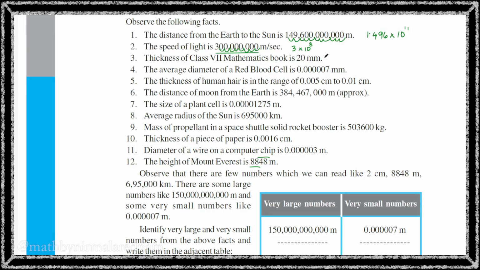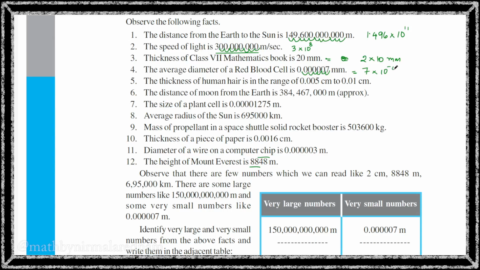And this one is going to be 20 millimeters. I think they want us to first convert it to meters. Or even if you're going to write it in millimeters, it's nothing but 2 into 10. Correct? So that is the standard form here. Next I have 7 into, now here the decimal, I'm taking it from here, 1, 2, 3, 4, 5, 6.